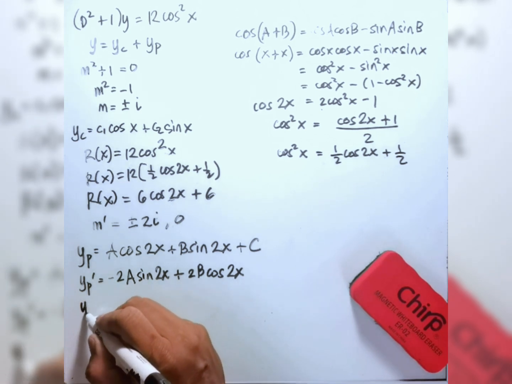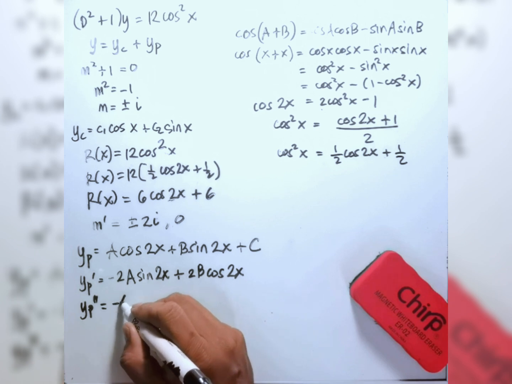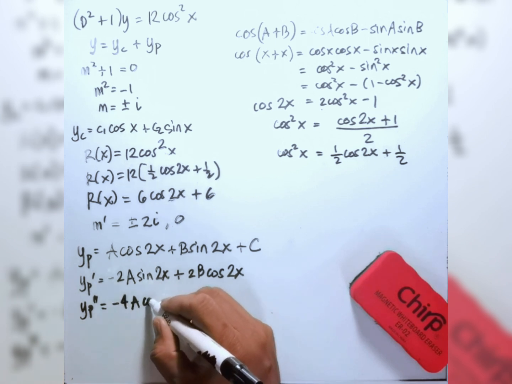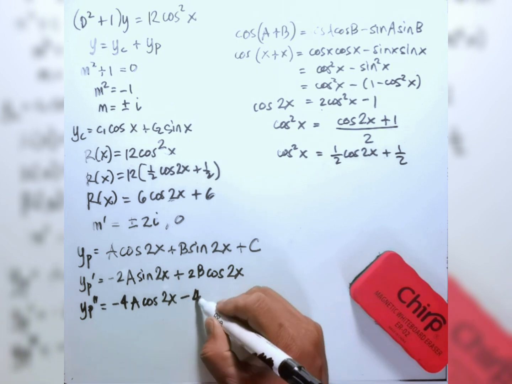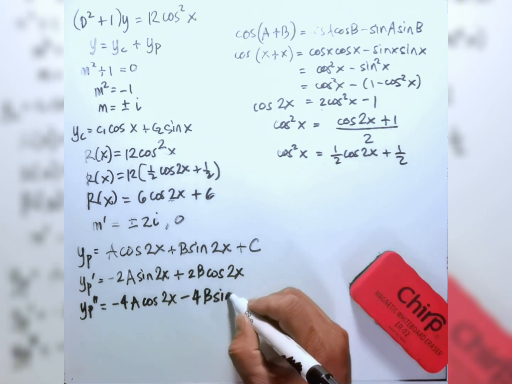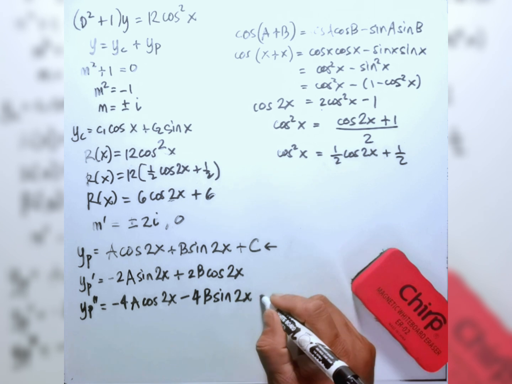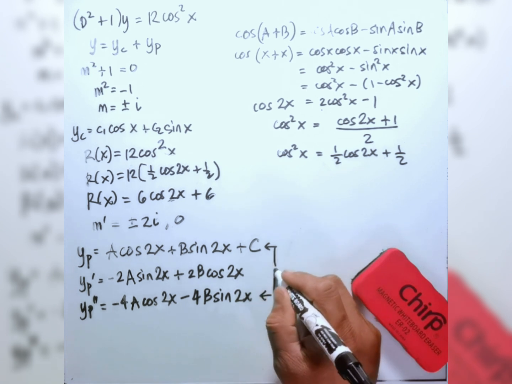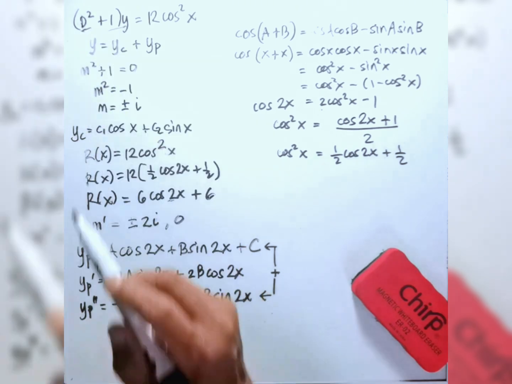And then y double prime, or the second derivative, is negative 4a cosine of 2x. This becomes negative 4b sine of 2x. We need to add this and this. That's the second derivative plus y sub p.